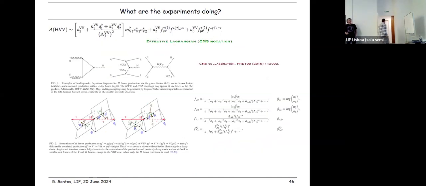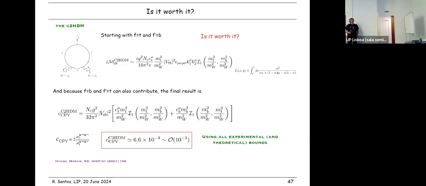And so we just did the same calculation in a CP-violating model to see if 10 to the minus 4 was an interesting number. And it is, because in the CP-violating model, the same model, the largest possible value is 6.6 times 10 to the minus 4, which means that indeed this is close to what is being measured these days.